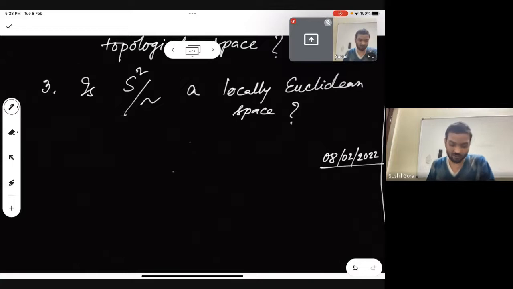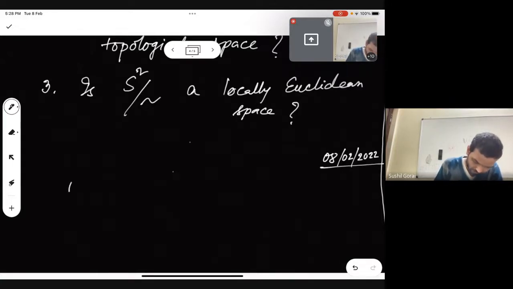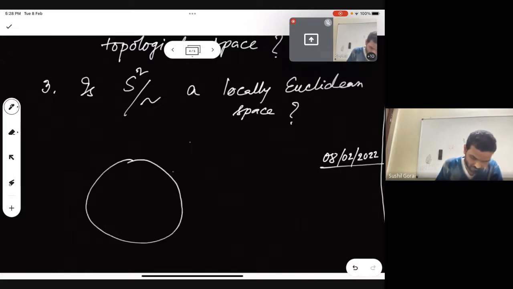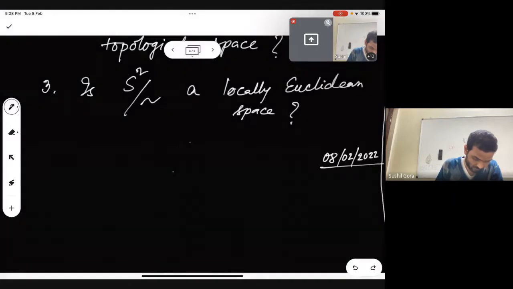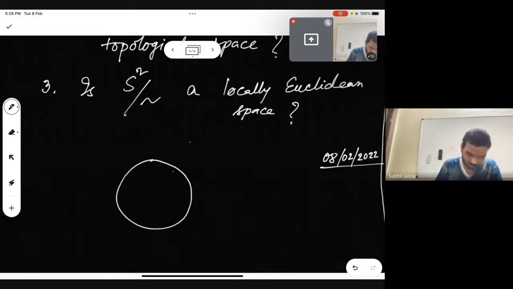All right. So we were looking at S2 with the equivalence relation. Let me draw that again. Yeah, so this is the best I can make.